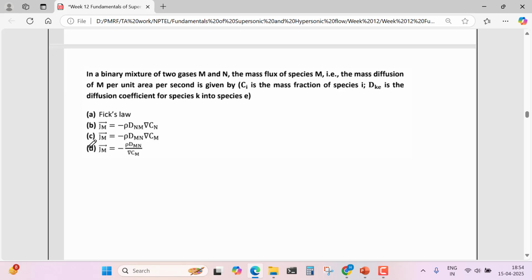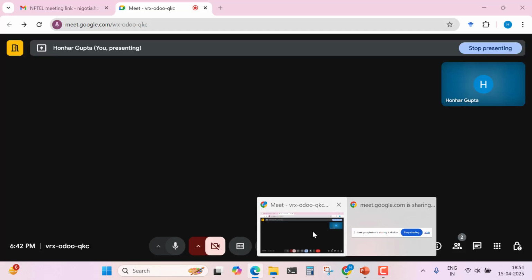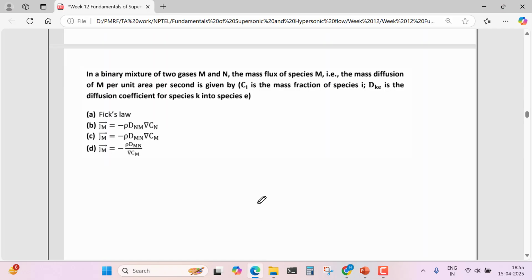Now let's see the next problem. In a binary mixture of two gases M and N, the mass flux of species M, that is the mass diffusion of M per unit area per second, is given by: Ci is the mass fraction of the species i, D_KE is the diffusion coefficient for species K into species E. Option A is Fick's law.